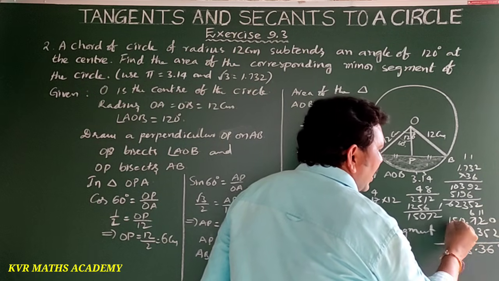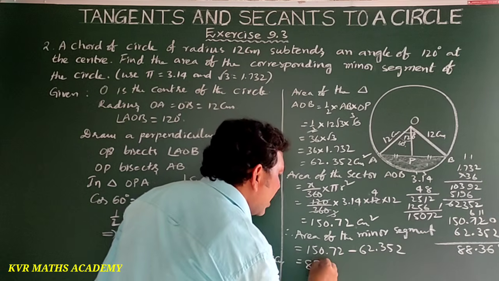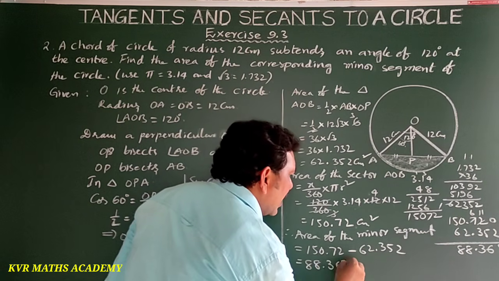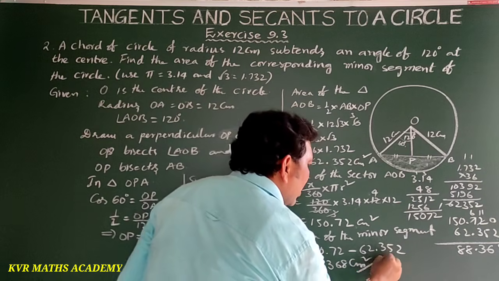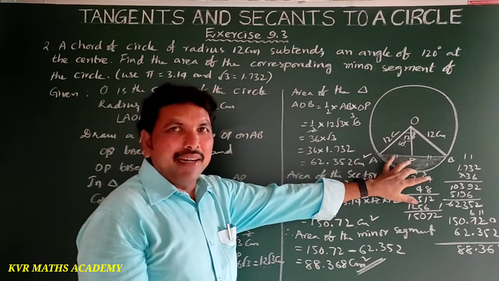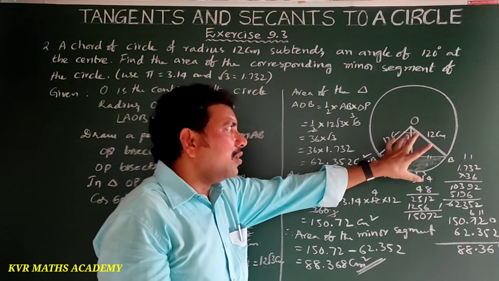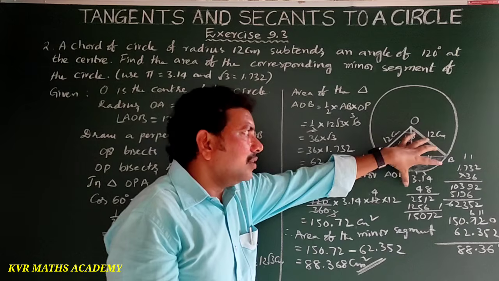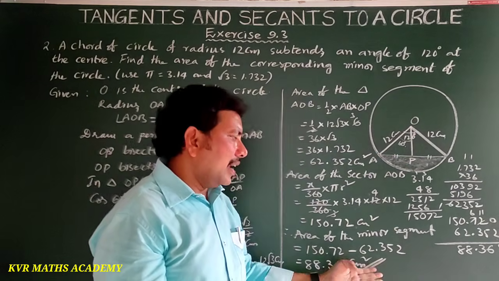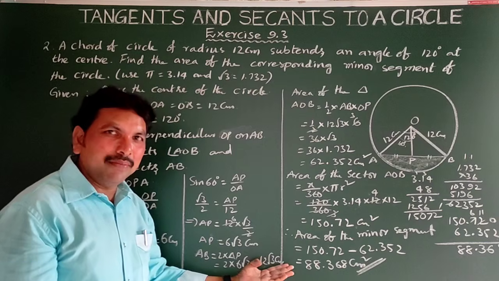So this is 8, 14, 8. So that is equal to 88.368 centimeter square. So this is the area of the minor segment. Understood clearly? So area of the minor segment is equal to area of the sector minus area of the triangle. Is there any doubt?